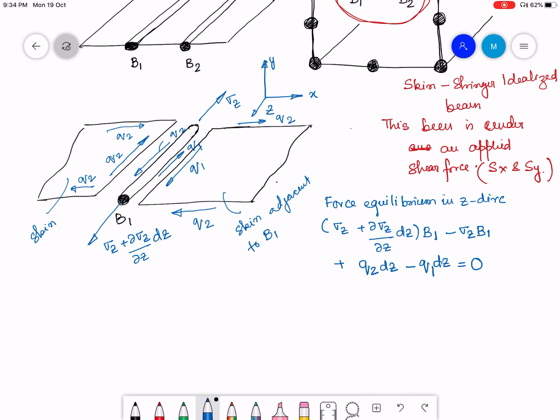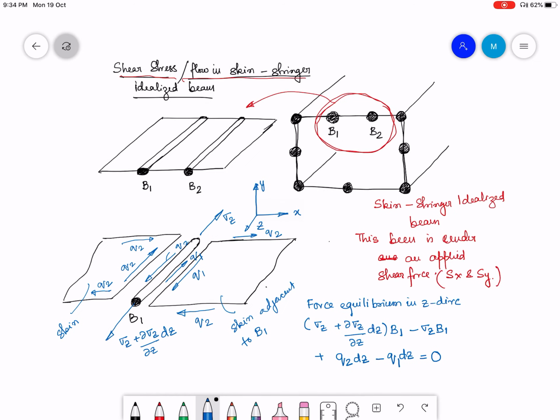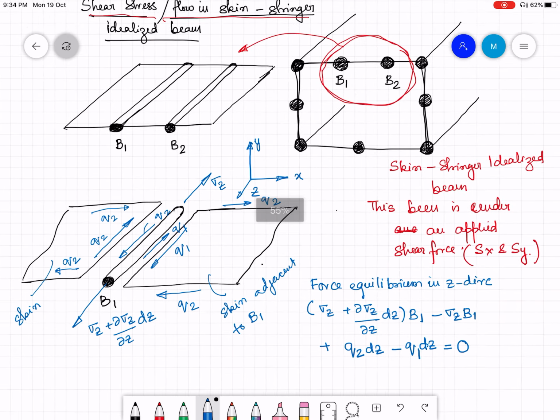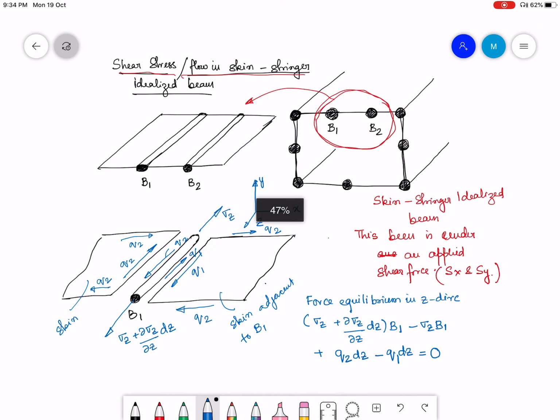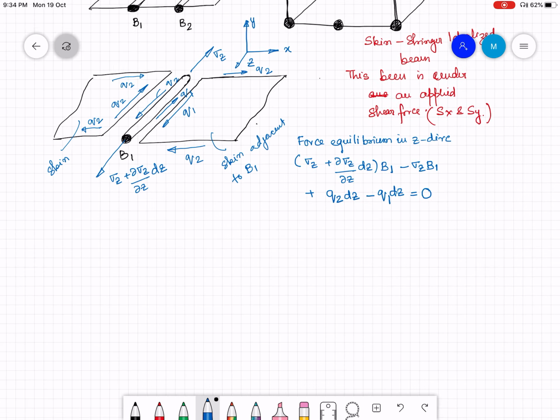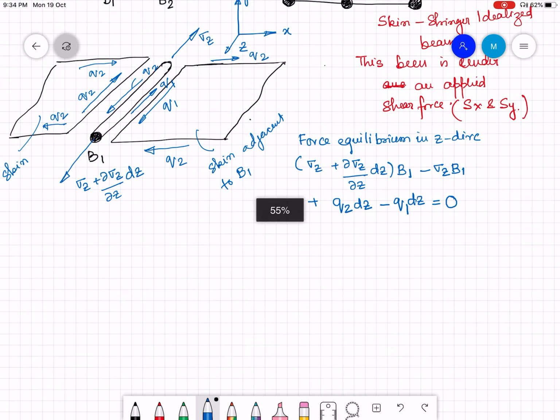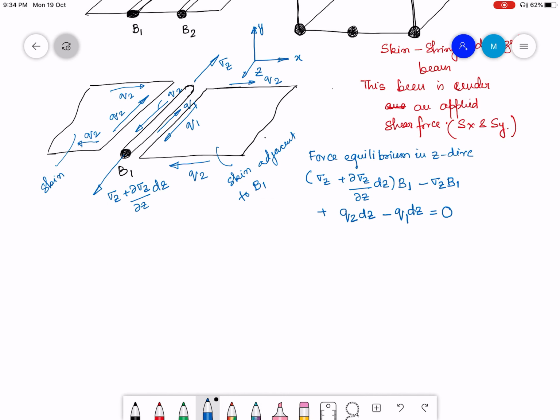Now if I simplify this equation, it is going to lead to del sigma z by del z into b1 plus Q2 minus Q1 equals 0.